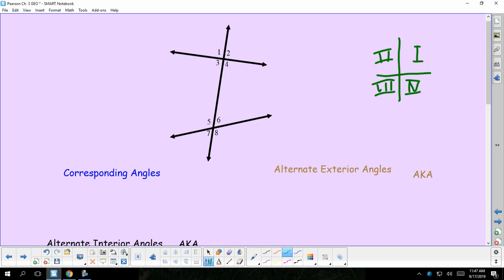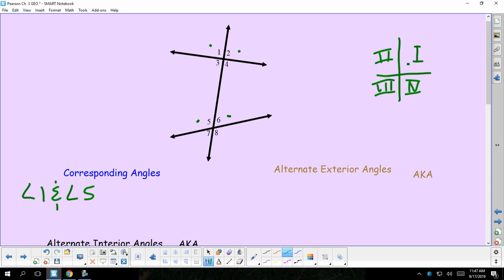So if we were to graph a point in quadrant 1 up here, it would correspond to something in quadrant 1 down here. So upper left is 1, and it corresponds to upper left in this group of 4. So the corresponding angles, angle 1 and angle 5, are one pair of corresponding angles.